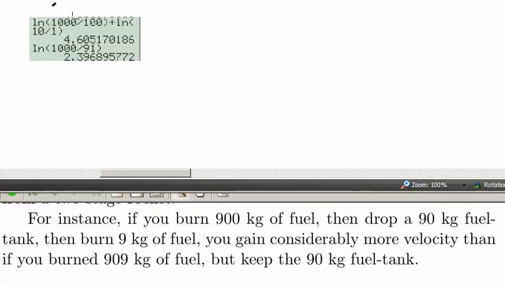For instance, if you burn 900 kilograms of fuel, then drop a 90 kilogram tank, then burn 9 more kilograms of fuel, you'll gain considerably more velocity than if you burned 909 kilograms of fuel but kept the 90 kilogram fuel tank. Well, I'm done with this interesting question for now.